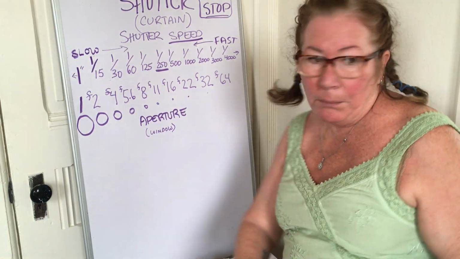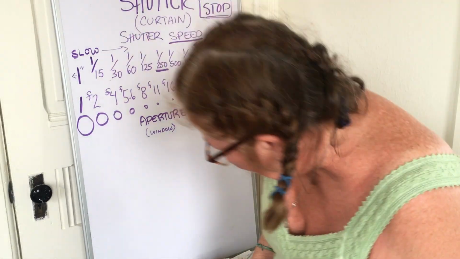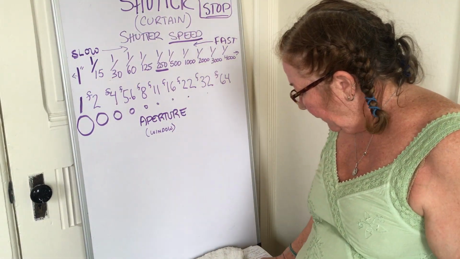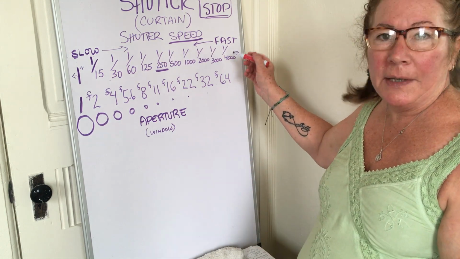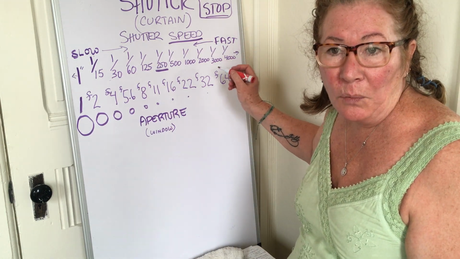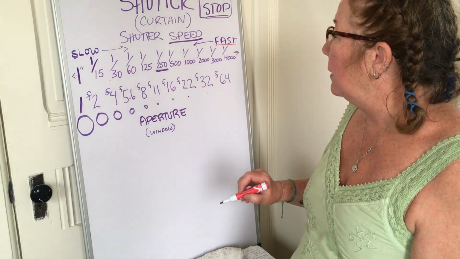I'm going to grab a different marker color. Okay, we'll see which one works here the best. So if you have something that's moving very fast and you want to freeze motion, you want to use a fast shutter speed, right?